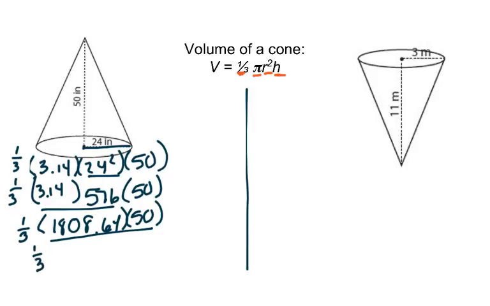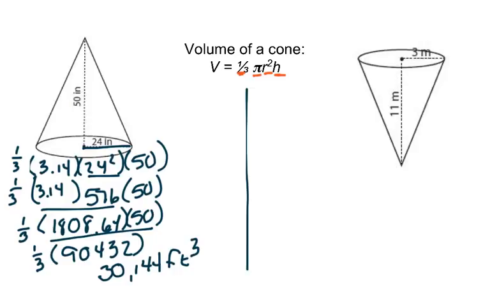So 1/3 times 90,432. And then I'm either going to multiply by 1/3 or divide by 3. They mean the same thing. Okay, if you don't like to multiply by 1/3, then just divide your answer by 3. And so when I finish, my answer is 30,144 feet cubed.